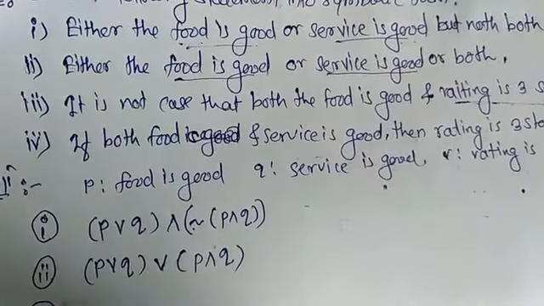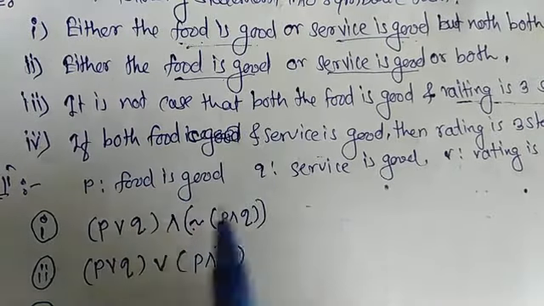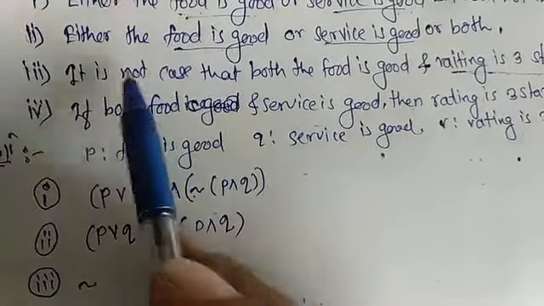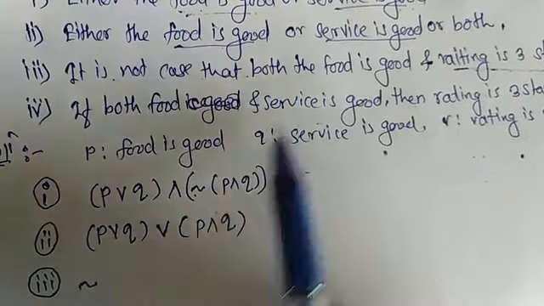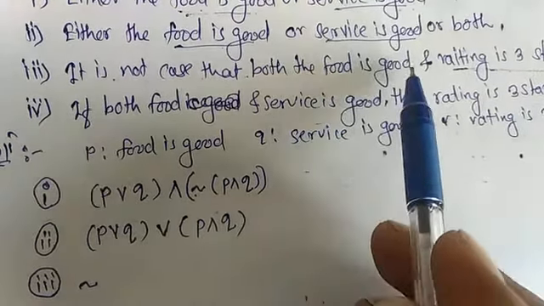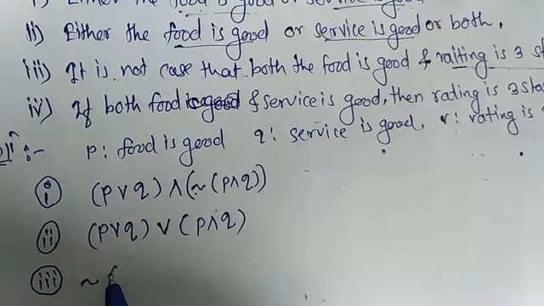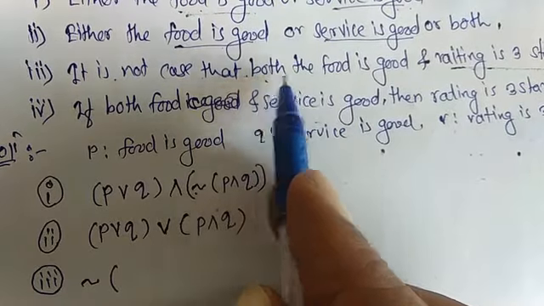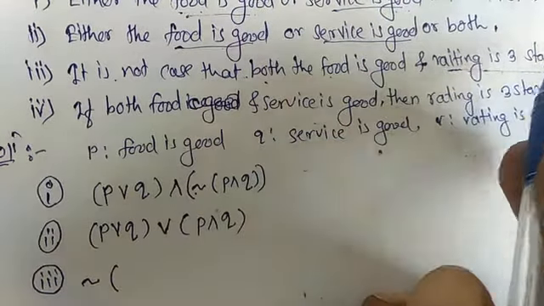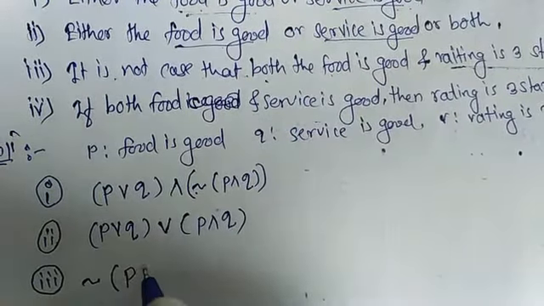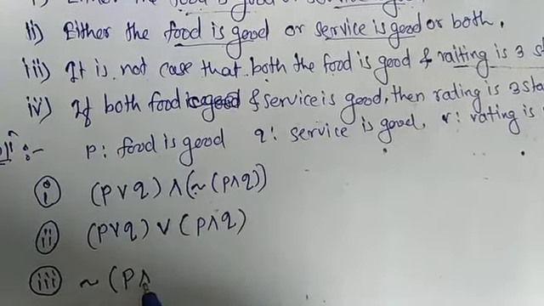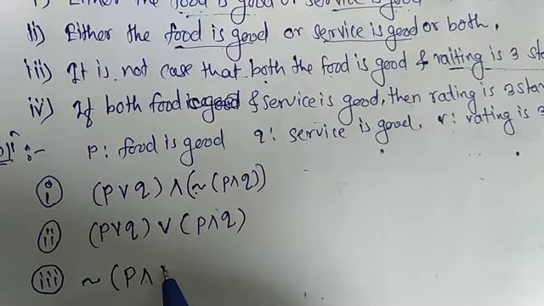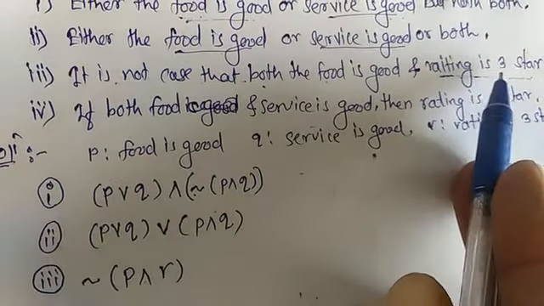So here it is negation. It is not a case that means negation of both the food is good and rating is 3 star. So it is in brackets because there is the word both. P and both means and, and rating is 3 star means R. Okay, this is our third statement.